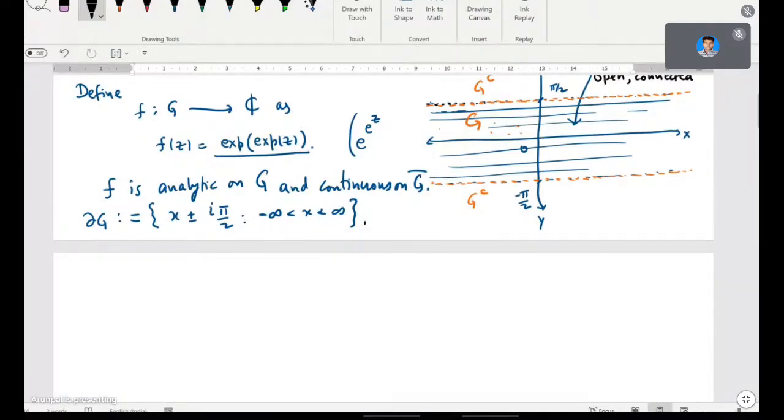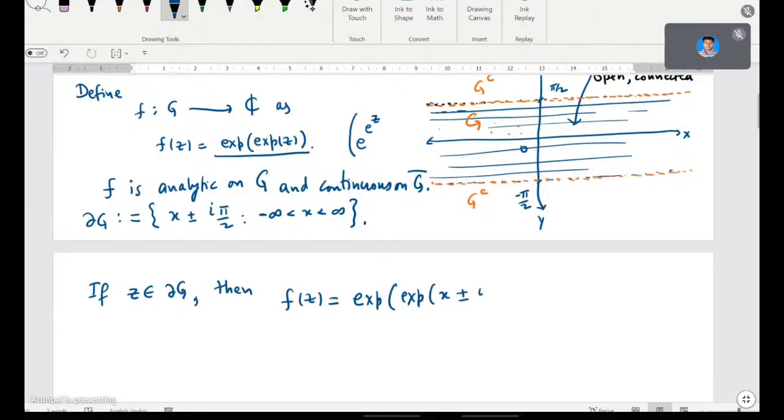Now see, if z belongs to the boundary of G, class, then let us compute f of z. If you compute f of z, it will be exponential of exponential of any point on the boundary of this type.